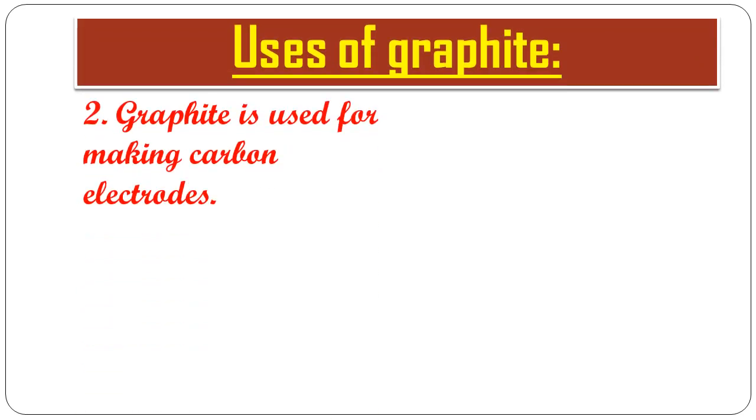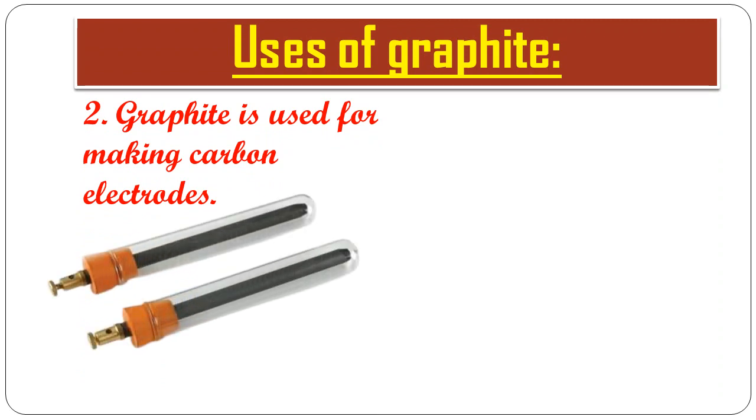The next use is that graphite is used for making carbon electrodes. These are carbon electrodes made from graphite. What are electrodes? In the process of electrolysis they carry electricity from one electrode to another.